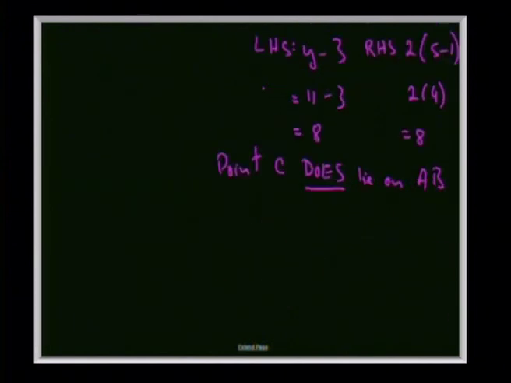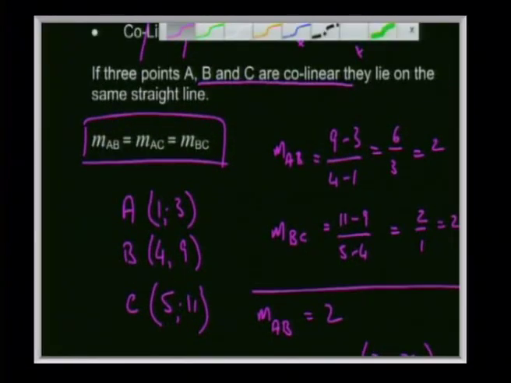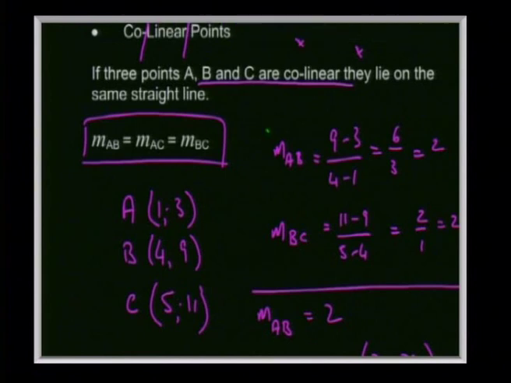So how can we say, to finish off, therefore, A, B, and C are collinear? Two different ways. Let's just summarize that. The first way was to have a look at the slopes.